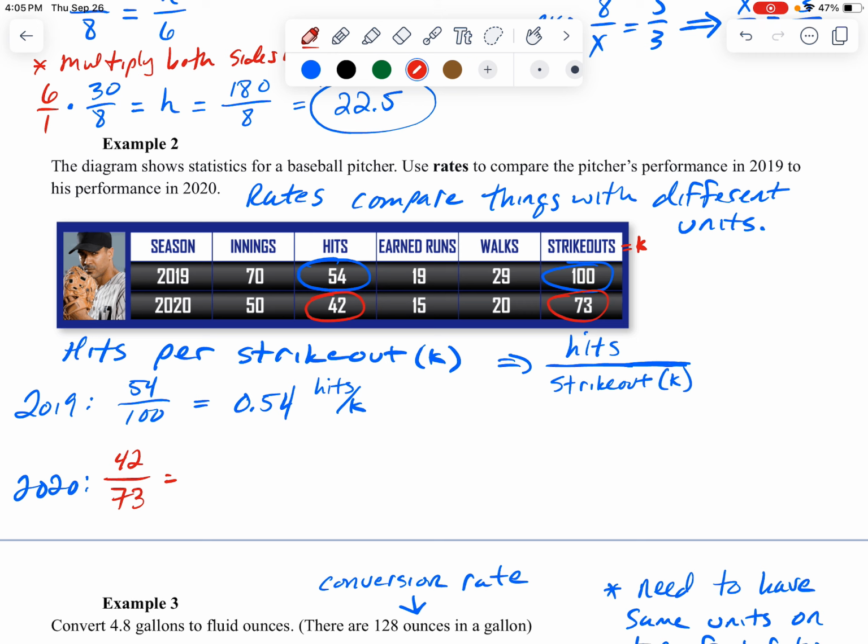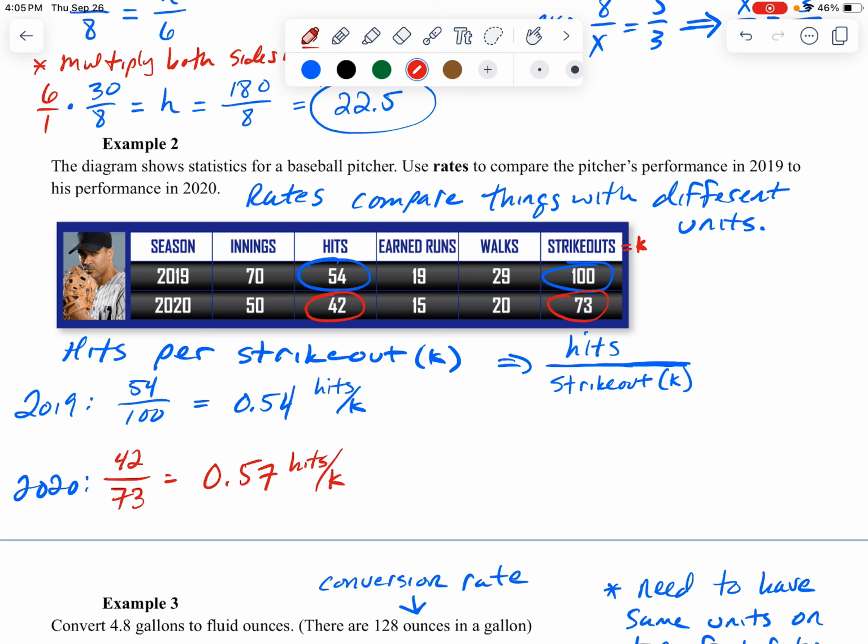I didn't do that in advance, so give me just a second. This should be 0.57. Not 7.5, 5.7 hits per strikeout.